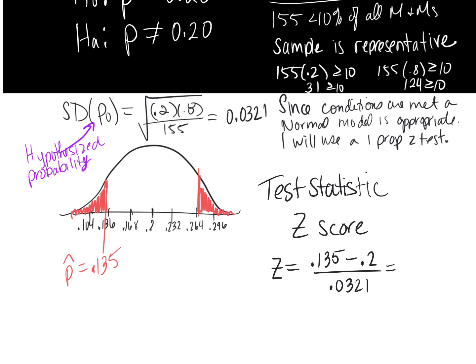And that gives us, I got negative 2.025. Remember that you have to do the subtraction, hit enter, and then do the division. Right?